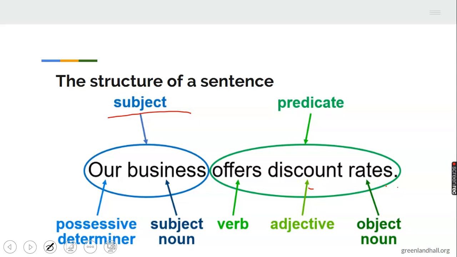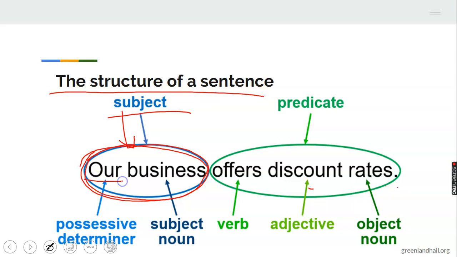So you can see that this, our business, is a subject. Our business is a what? Subject. And in this subject, the two words have been divided into two different things. We are trying to give the structure of a sentence, subject and predicate. Now, our is a possessive determiner. Then business is a subject noun.